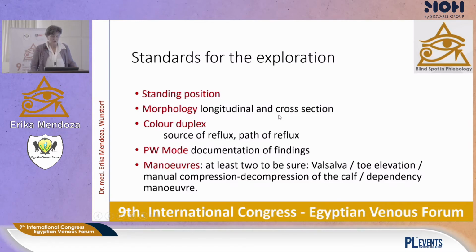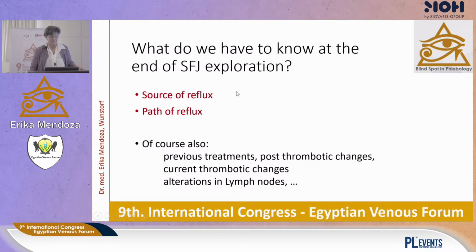The standard is, of course, standing position. You have to look for the morphology in longitudinal cross-section. You use the color duplex to find the source and the PW mode to document the findings. You have to know at the end of the investigation the source of the reflux, the path of the reflux, and of course other anatomical findings like post-thrombotic changes, current thrombotic changes, lymph node alterations, and so on.